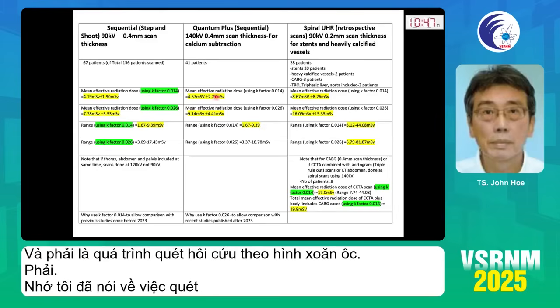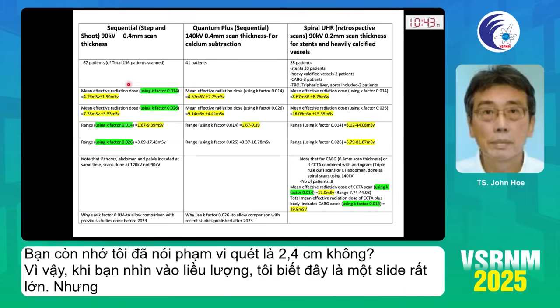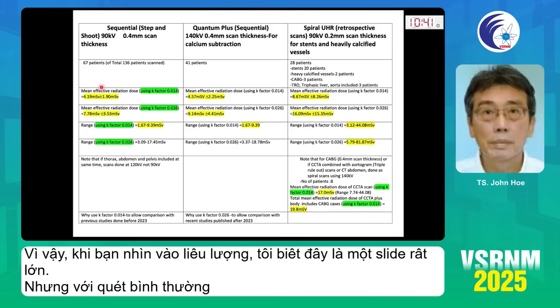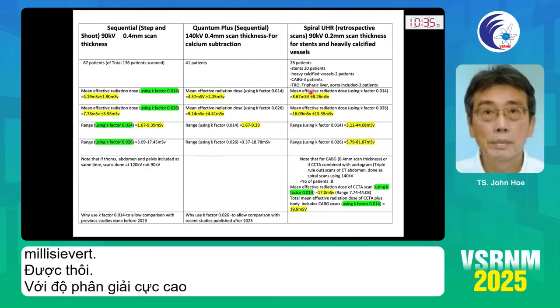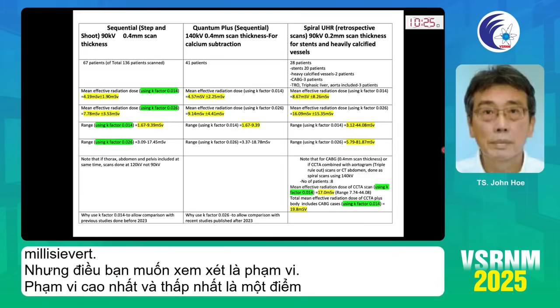So when you look at the dose, I know this is a very big slide, but with the normal scan, the dose is about 4.1 millisievert. With the ultra high resolution, the dose is about, on average, 8 millisievert. But what you want to look at is the range. Here, the lowest was 1.6 millisievert, the highest was 9.